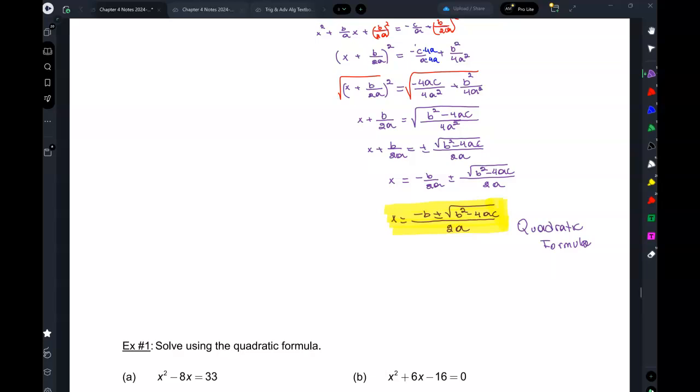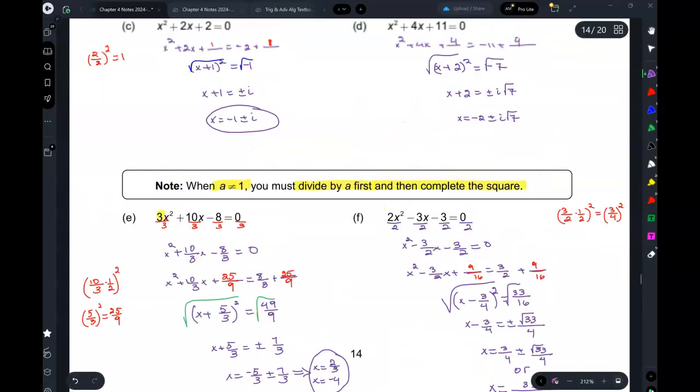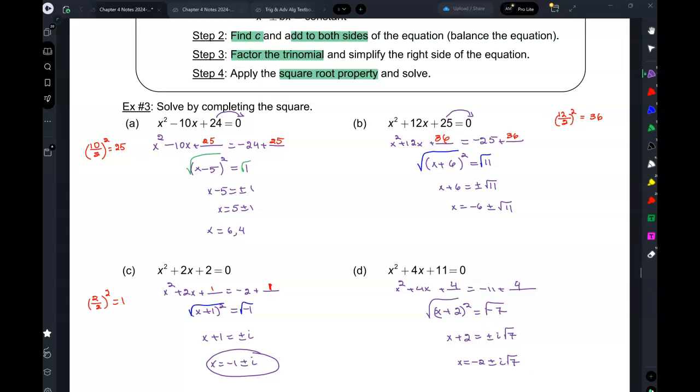And if there are equations or quadratic functions that can't be factored, you can complete the square. You can use this method on any quadratic function on the planet. This makes any quadratic function factorable.